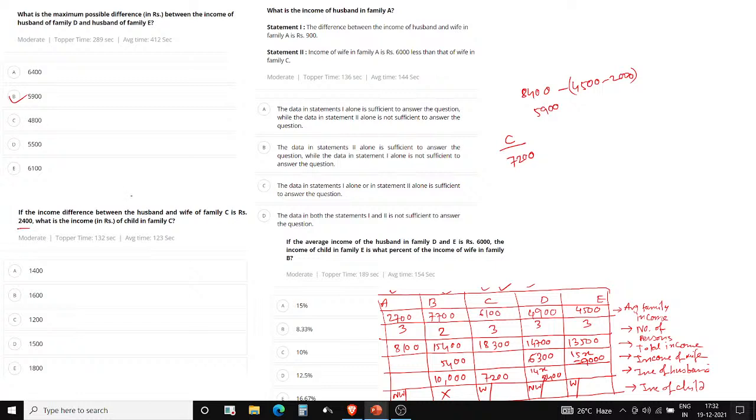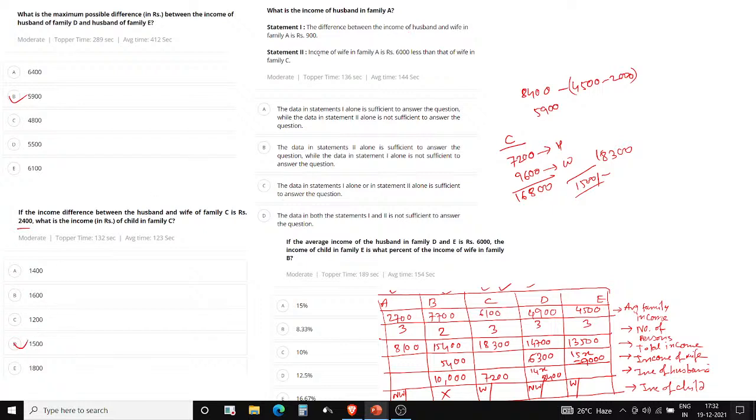That means this difference is added to the husband's income to get the wife's income, right? 7,200 plus 2,400 is 9,600, and now this sums up to 16,800. What is the total family income? That is 18,300. What is the difference? 1,500. So option D is the correct choice.